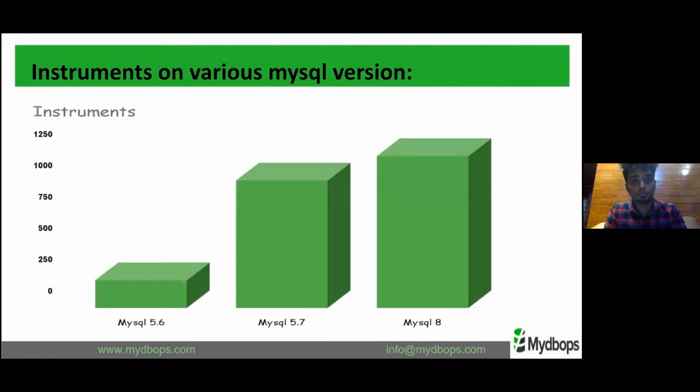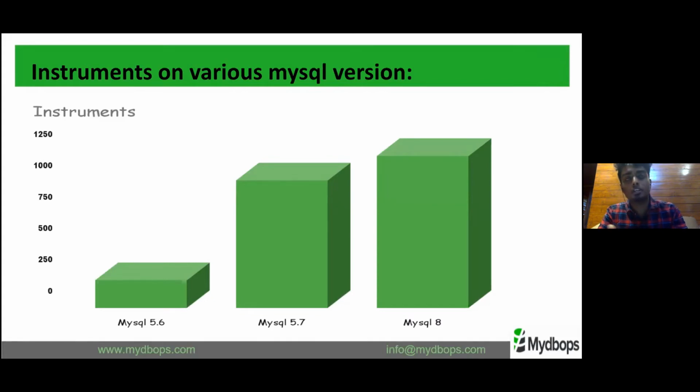Statistic tables in the performance schema. As I said earlier, the instruments play a major role across MySQL versions. The instruments have slowly developed from MySQL 5.6 to 5.7 to MySQL 8. When comparing MySQL 5.6 and MySQL 8, the instrument groups and variants have become huge.